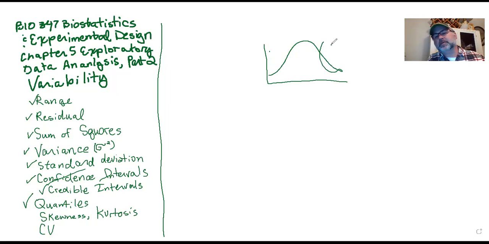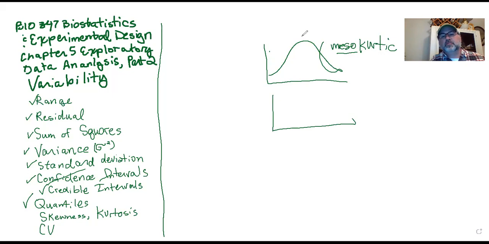You can ignore that. It's mesokurtic. Meso means middle, so it's the middle between two extremes.